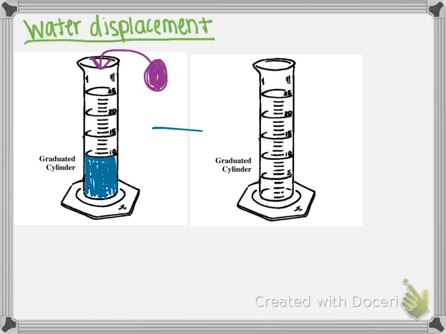So this is after I drop it in, and let's say my water, now with my rock dropped into it, is up to that 20 milliliter mark. So this is my new reading on my water, and my rock is going to be down there at the bottom.